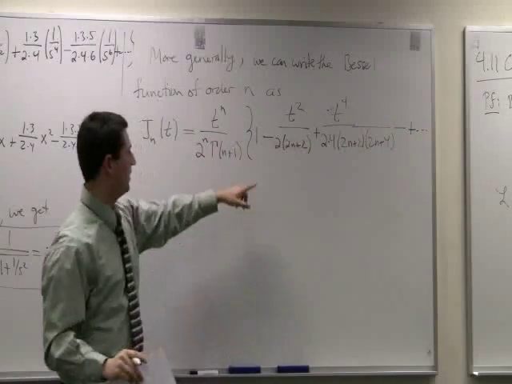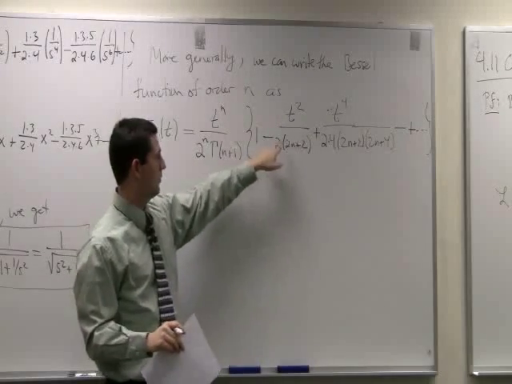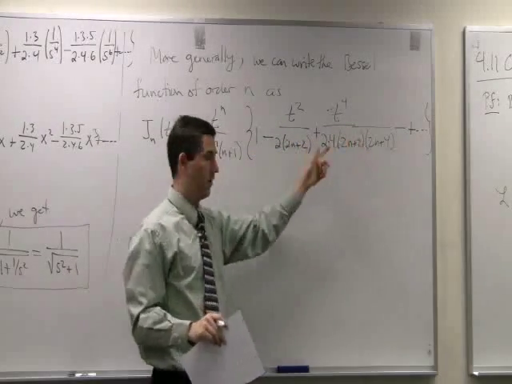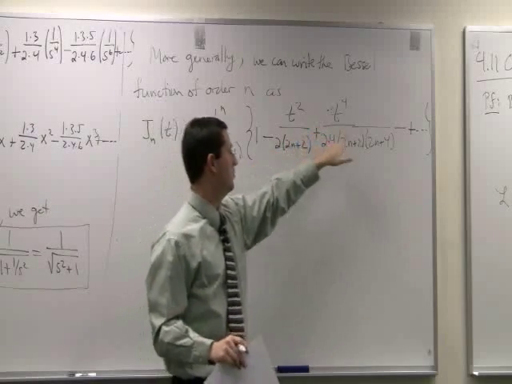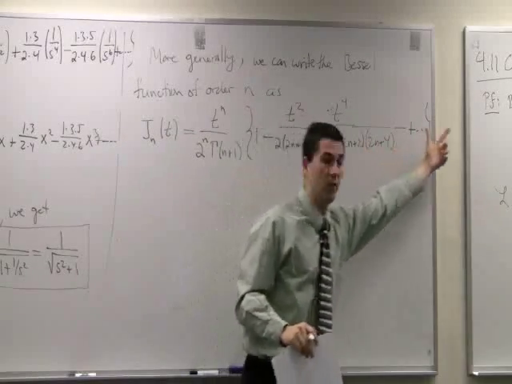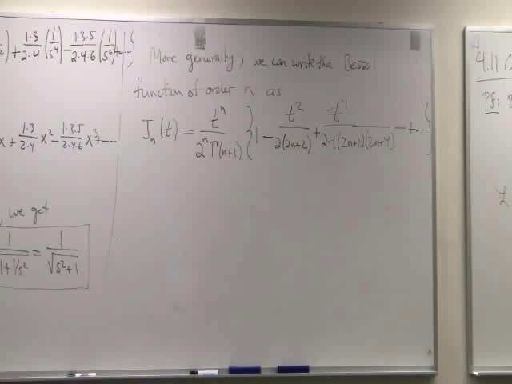So what's going to happen? On the bottom, you're going to get 2, 4, 6, 8, right? You're going to keep adding these even numbers. And then you're also going to have 2n plus 2, 2n plus 4 added, and then 2n plus 6, and so forth. So it's very similar to what we got for J0.